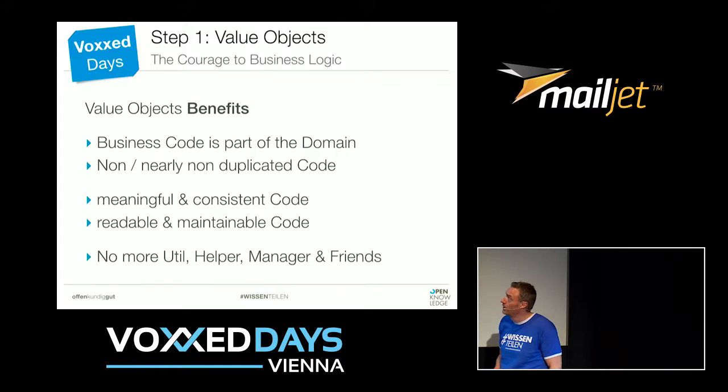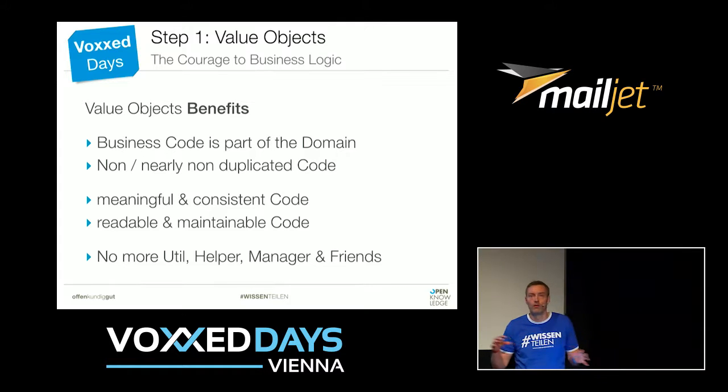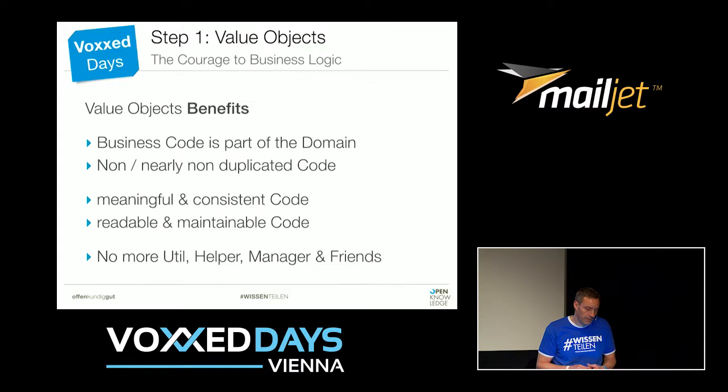So what is the benefit of using value objects? The benefit is that the business code is part of the domain and not spread all over the use cases, use case controllers, services, utils, helpers, managers, or something like this. The business code is placed where it belongs.